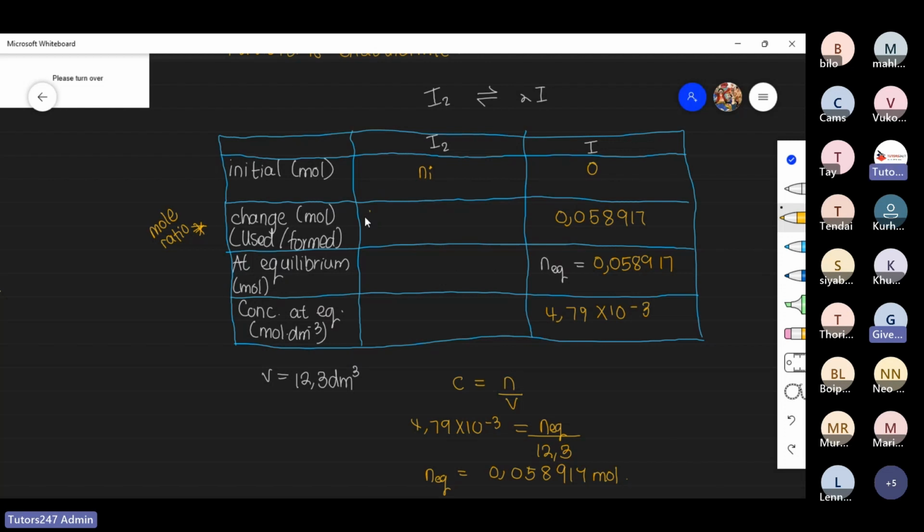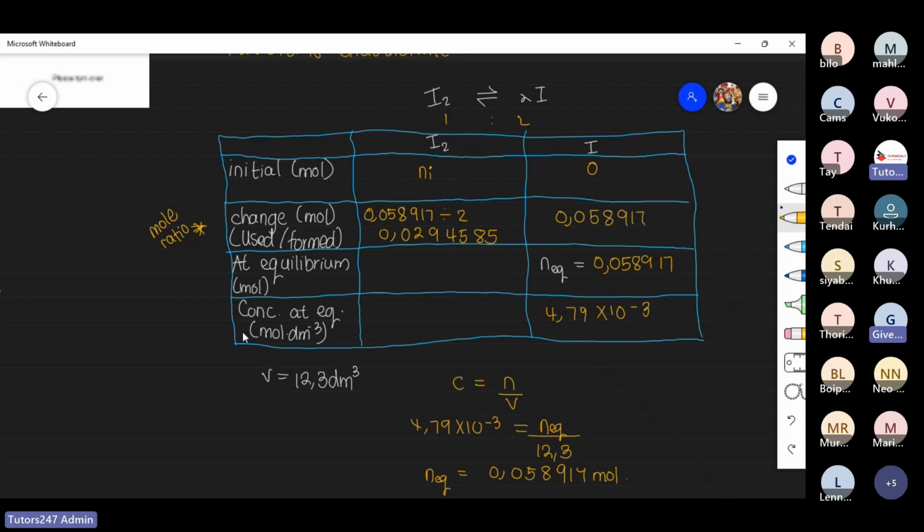So I'll write it out. 0.058917 divided by 2, because the mole ratio is 1:2. That is then going to give us 0.0294585. Let me just double check that. Yes, that is correct. So that is the change, or that is the number of iodine molecules that's used to form the iodine atoms.